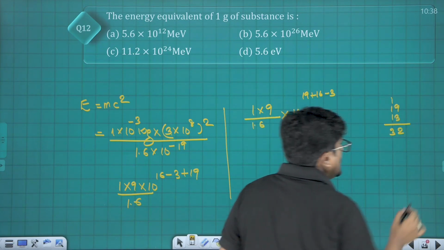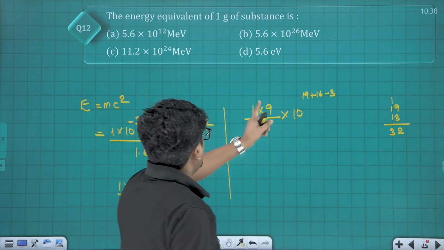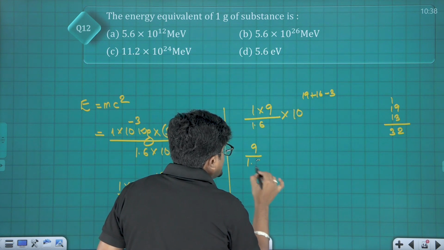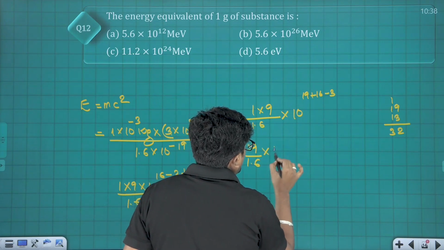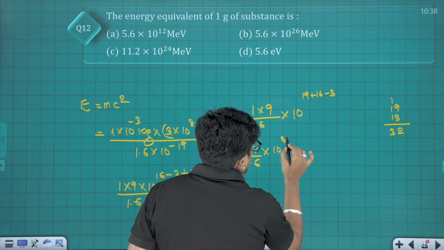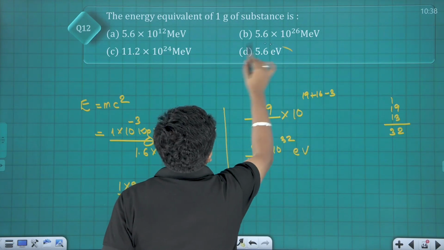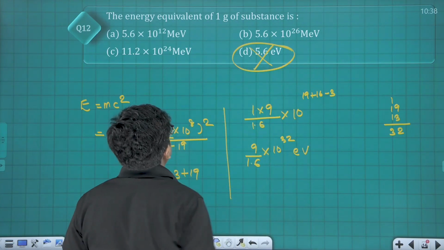So it's 9 upon 1.6 into 10 to the power 32 electron volt. So this is not at all an option.